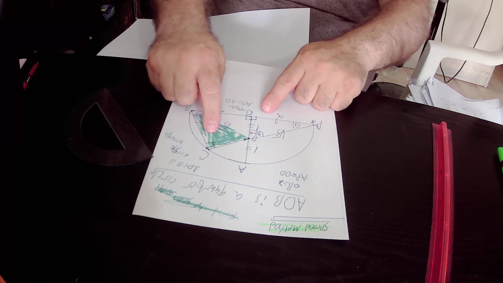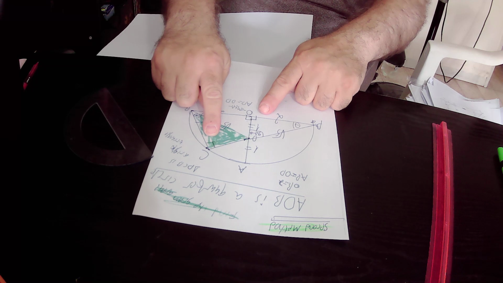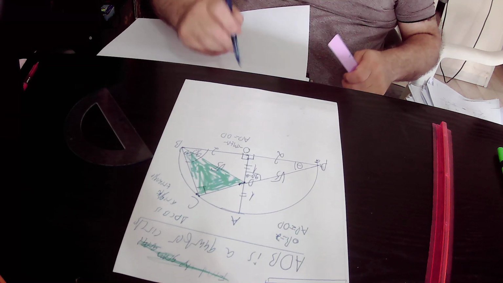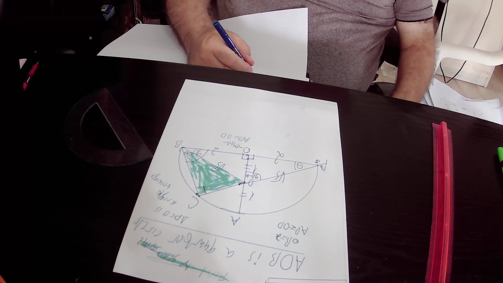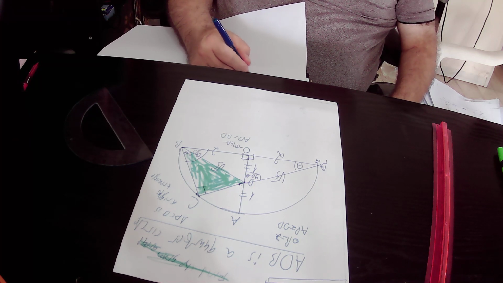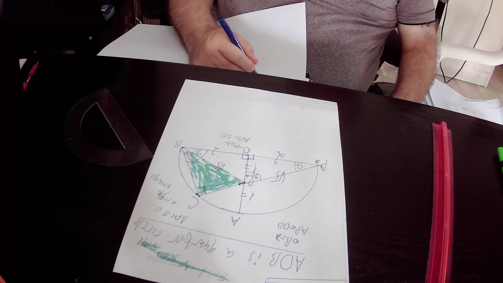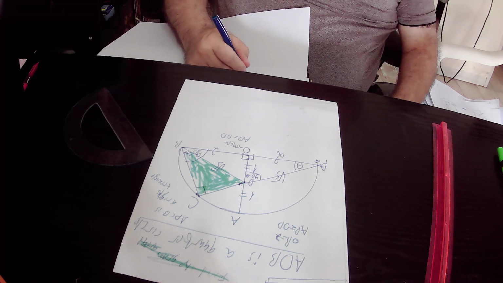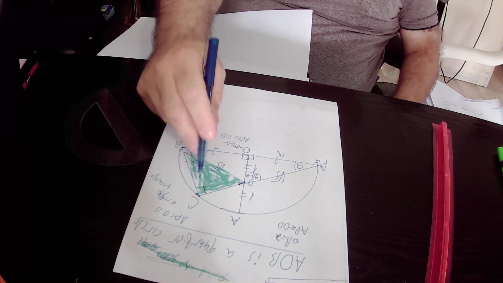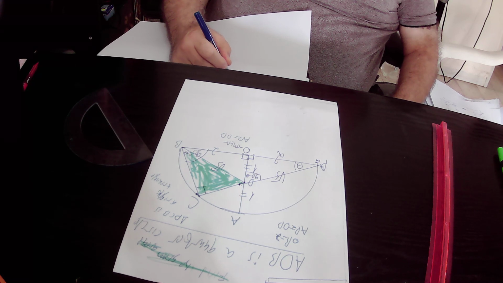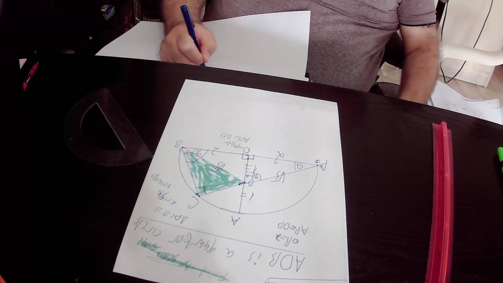First of all, those two angles are both equal to 90 degrees, therefore they are equal to each other. So angle POD equals angle PCB, and they are both equal to 90 degrees, therefore they are equal to each other.